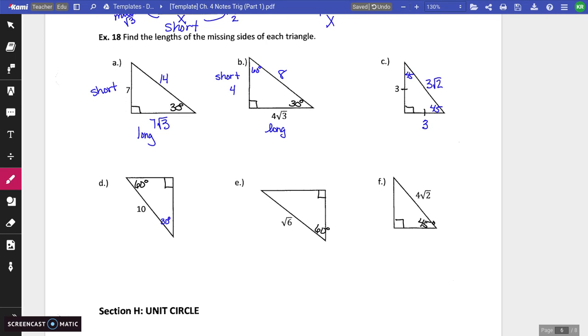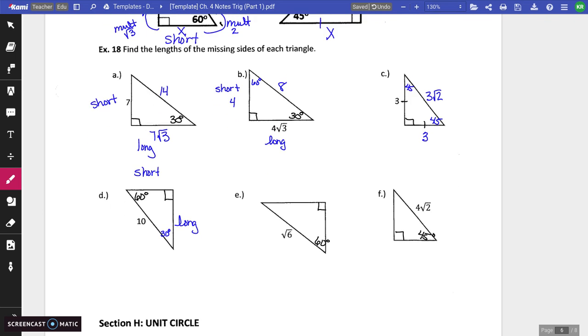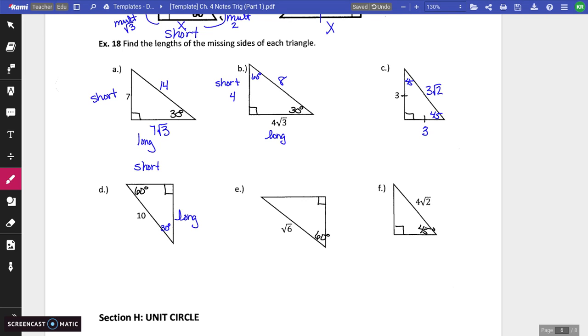On D, this side is your long leg, this side is your short leg, and this time you're given the hypotenuse. The hypotenuse is twice as long as the short leg. So to go from hypotenuse to short leg, divide by 2, and that's 5. Long leg, multiply by square root of 3 for 5 root 3.